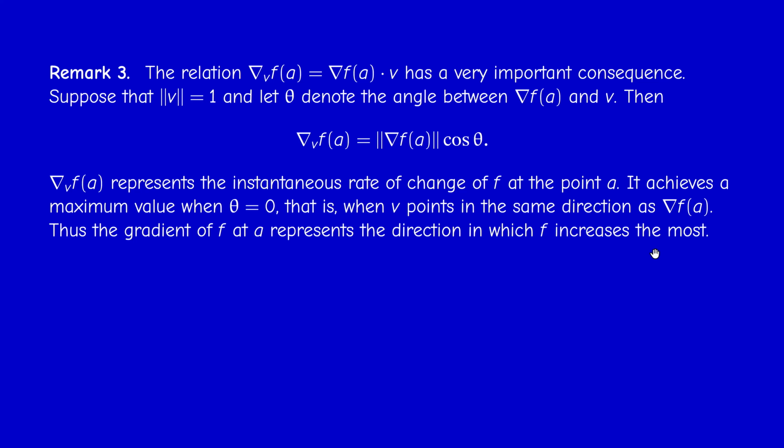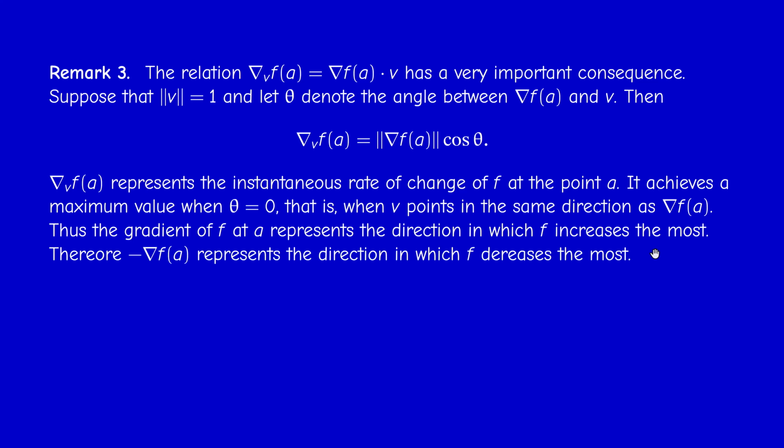It's a very important and useful interpretation of the gradient. Because you know that the gradient is just the vector of partial derivatives. But why is it so important? It's important because it tells me in which direction f increases the most. And therefore, minus the gradient represents the direction in which f decreases the most.